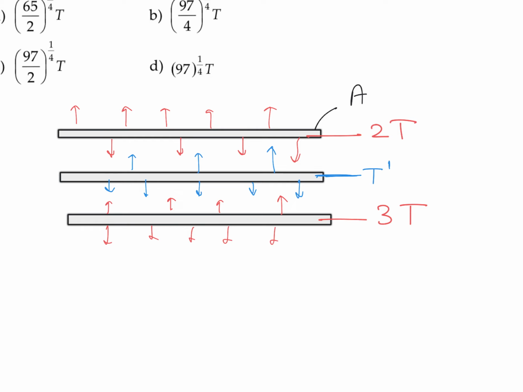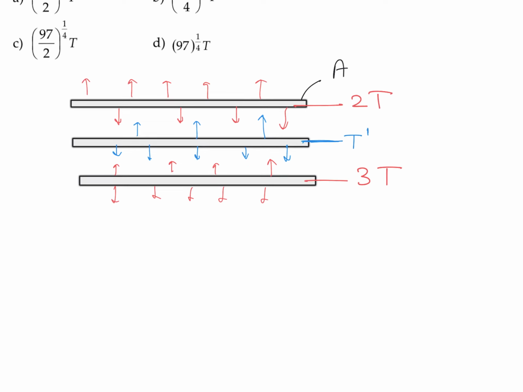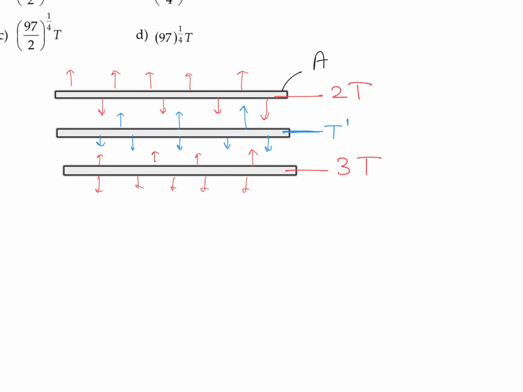Now we can observe that the energy emitted by the lower surface of the first plate and the upper surface of the last plate is going to be absorbed by this object. So the amount of energy absorbed by this object, dQ by dt, will be equal to the amount of energy emitted by the first plate and third plate.